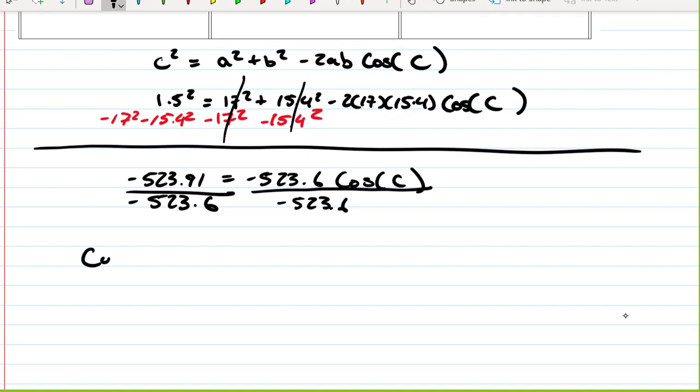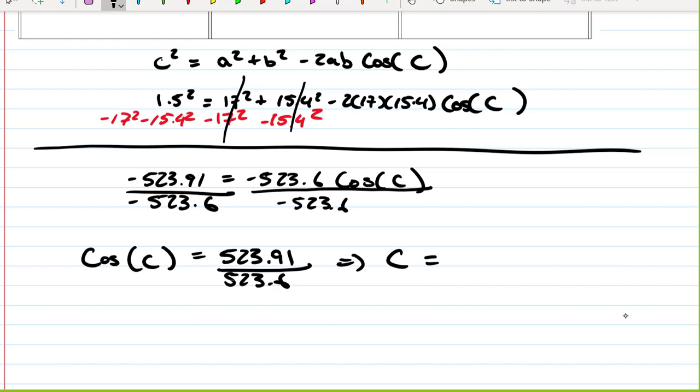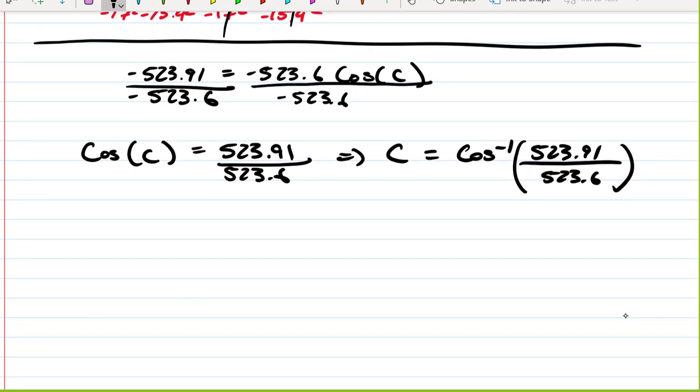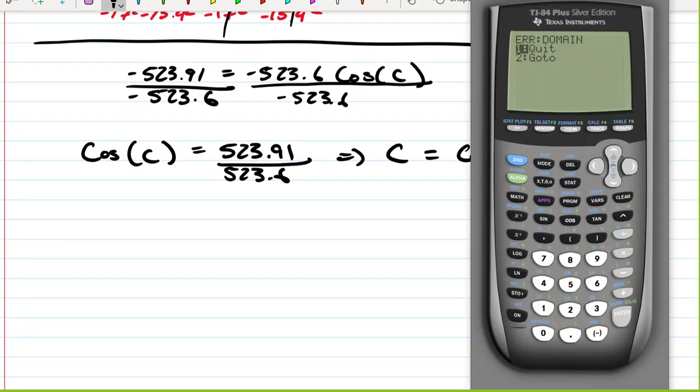So I get the cosine of C is equal to 523.91 over 523.6, because a negative divided by a negative is a positive. So then C would be the inverse cosine of this. And this is going to be a domain error.